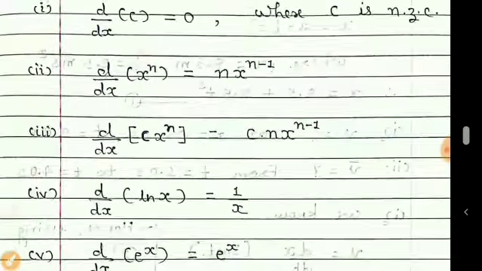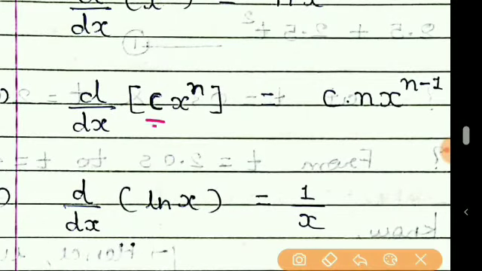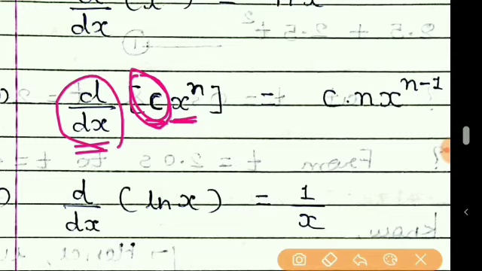Next is a combination of constant and a function of x. So d by dx of c into x raised to n. Now students, if there is only c, then its differentiation is 0, that we have studied. But here this c is with this function of x, and so in that case it will not be 0.